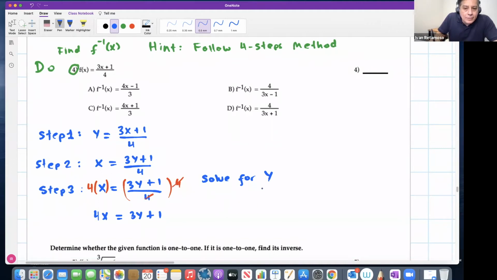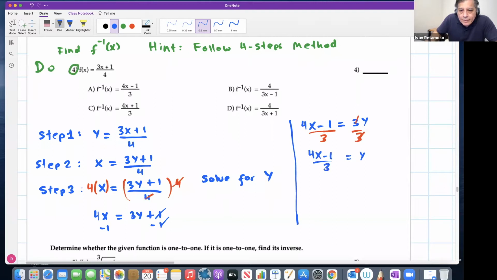I have to solve for y, so I'm going to subtract 1 on each side, and I'm going to get 4x minus 1 equal to 3y. Then dividing both sides of the equation by 3, I will get y completely isolated. Let me write here y equal 4x minus 1 over 3, the isolated part on the left, the rest on the right.